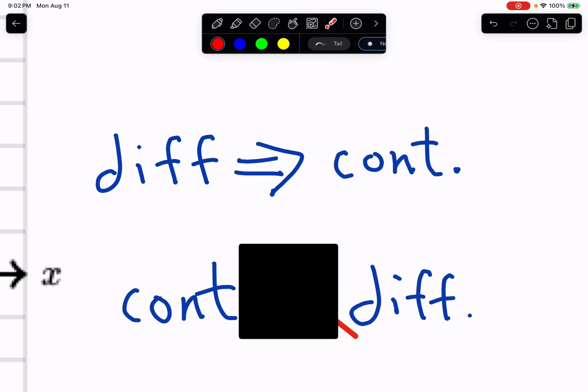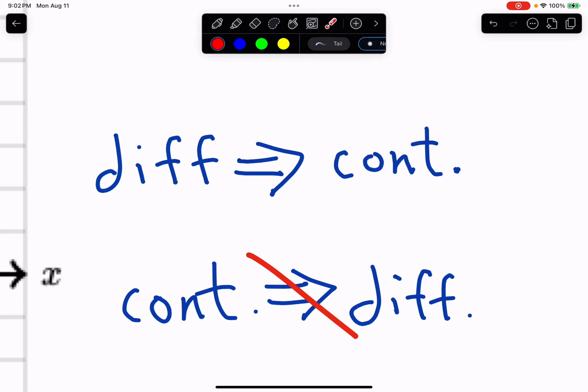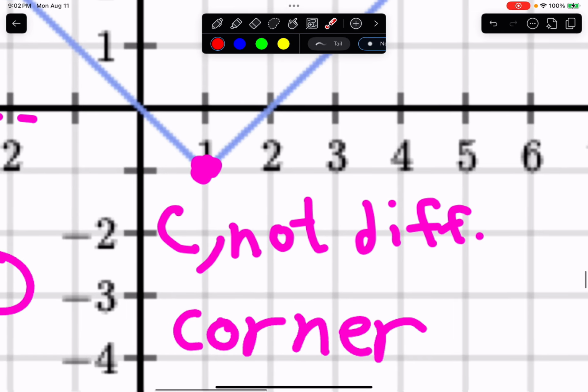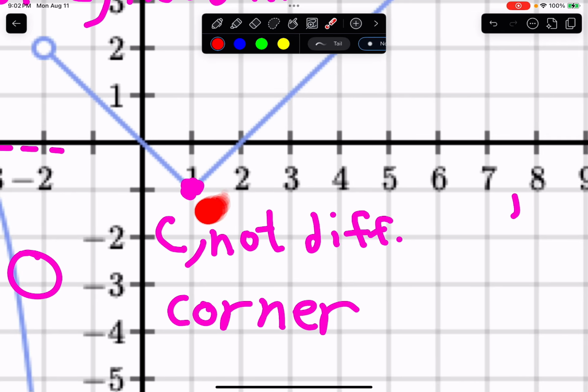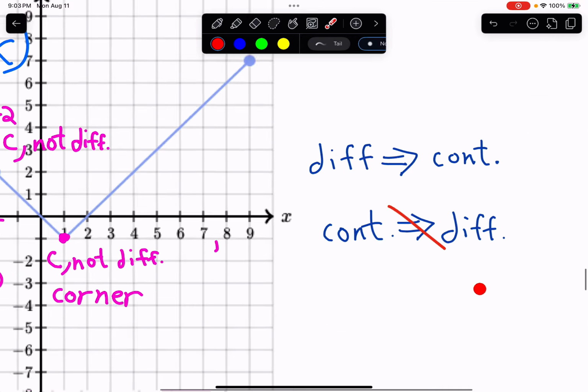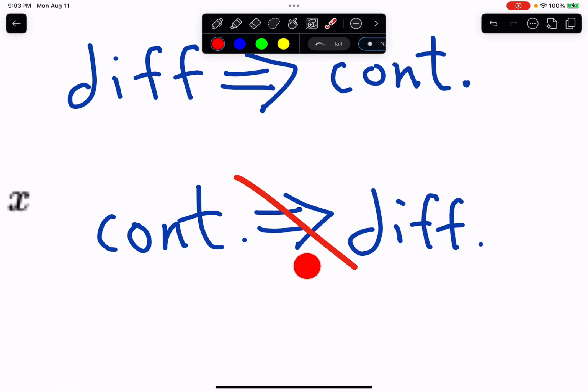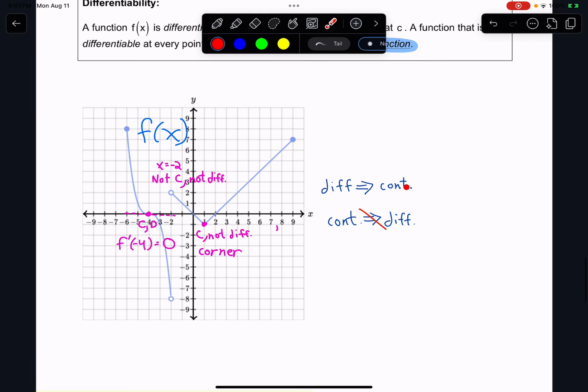Whereas the opposite, continuity does not imply differentiability. Take a look at the graph at x equals 1. If I told you the graph is continuous at x equals 1, you cannot assume that it's differentiable there because corners, cusps, vertical tangents are all places where your function is continuous, but there is no derivative.